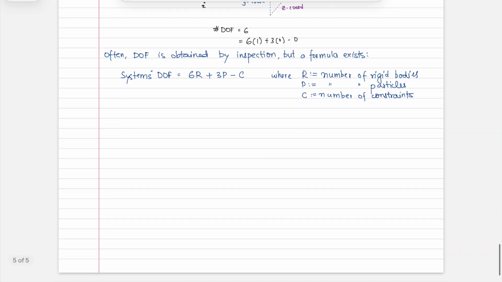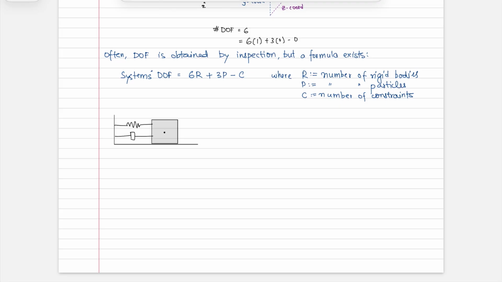Okay, let's now look at the case where you have a spring, a damper, and this mass over here.